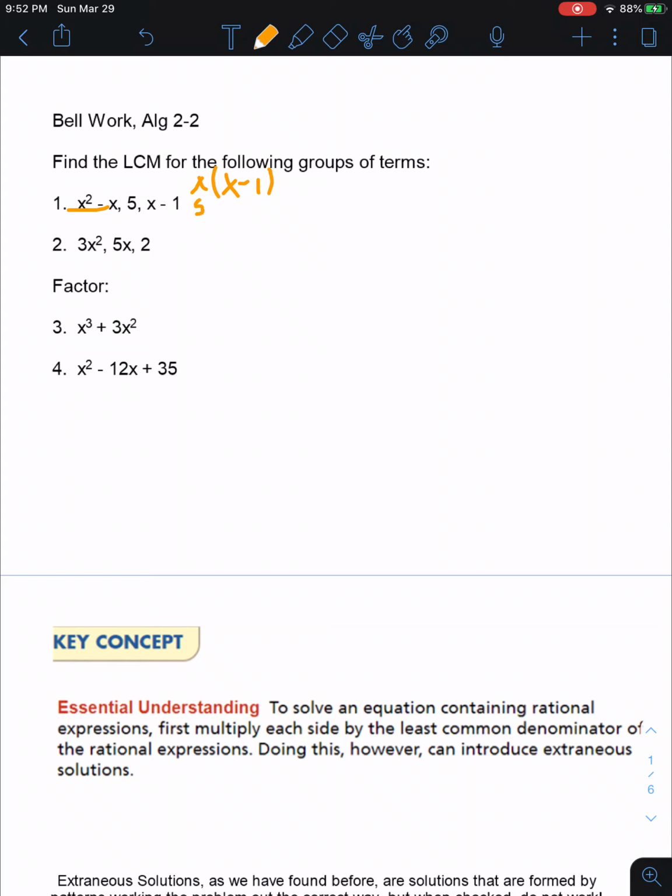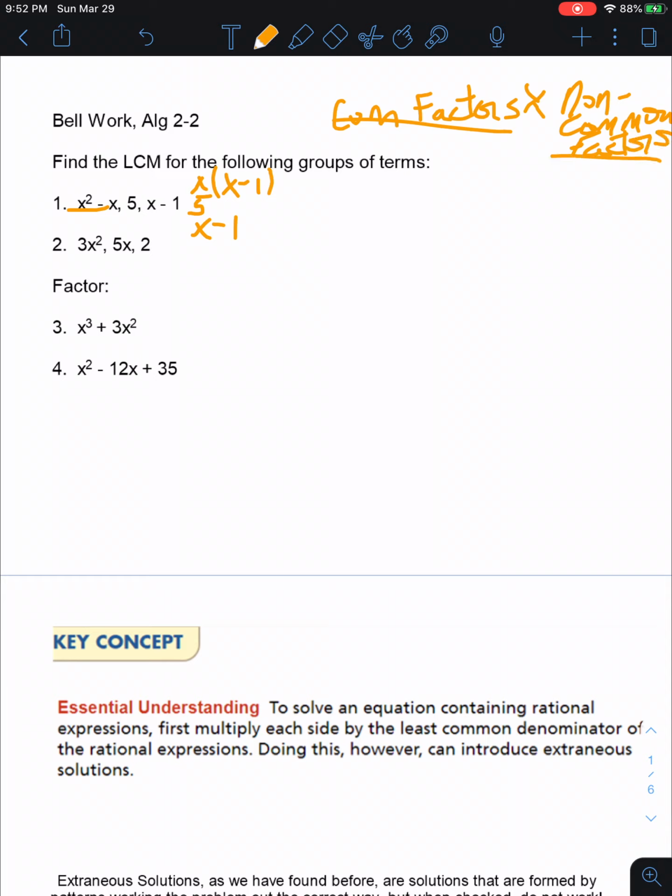And if I took a 5 and an x minus 1, the formula that I'm going to look at is all common factors times all non-common, or unique, factors. Okay, the unique ones.